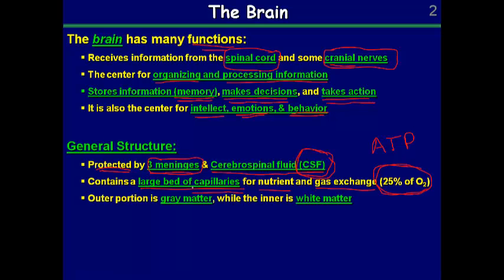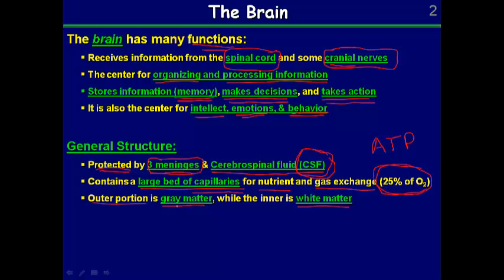Just like the spinal cord, the brain has gray matter and white matter. We're going to notice that the outer layer of the brain, or superficial layer, is a lot of the gray matter, whereas inside the brain is more of the white matter. So almost opposite of what you see in the spinal cord. Remember, in the spinal cord, you see the gray matter towards the center and the white matter surrounding it.